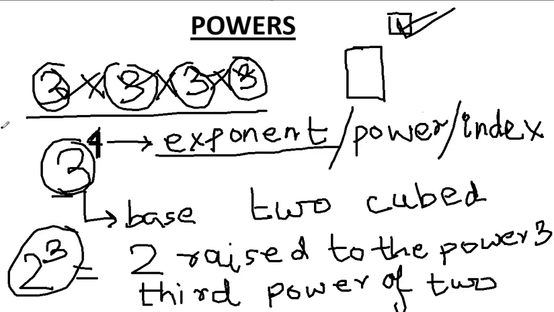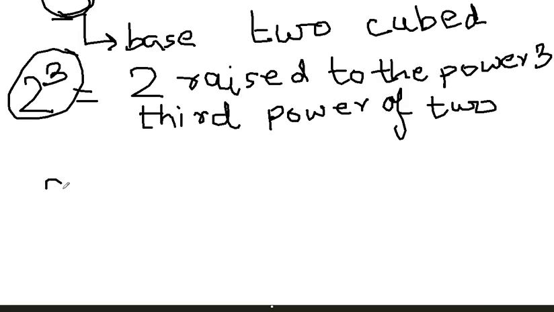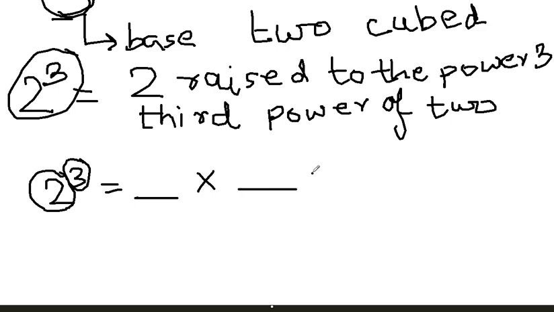If you want to find out the value of 2 cube, you can definitely do that. So 2 cube means, what is the number that we have as the base? That is 2, right? So 2 is going to be repeated. How many times? 3 times. So I draw 3 blanks. That is going to make it more easier.